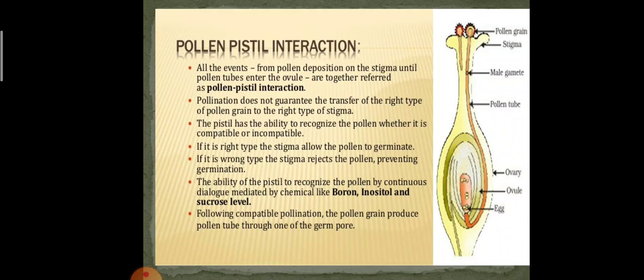Obturator cells, chemical constituents and chemotropism are involved in this. Chemicals like boron, inositol and sucrose are important for pollen-pistil interaction. A typical pollen grain has 3 germ pores, but a pollen tube forms from only a single germ pore, and the other 2 germ pores undergo germ furrow formation. We know these basic terminologies for pollen pistil interaction.